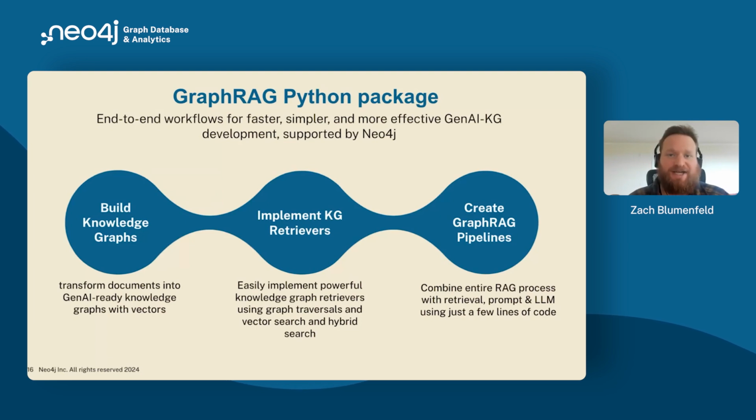It's supported by Neo4j, and it accelerates going from your PDF document to building your knowledge graph, making it GenAI ready with vectors and structured entities, implementing a whole host of useful retrievers that combine things like vector search, hybrid search, text to Cypher, different Cypher templates for graph traversals, and having classes where you can create the entire GraphRAG pipeline, including providing prompt templates, leveraging a ton of different language models, and putting the whole thing together with much less code than before.